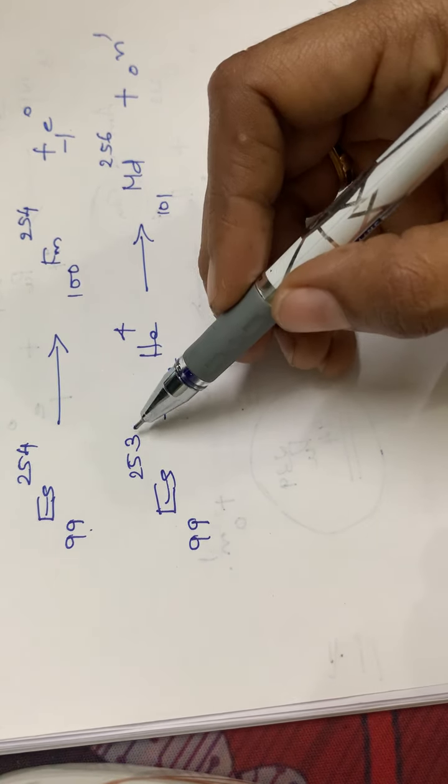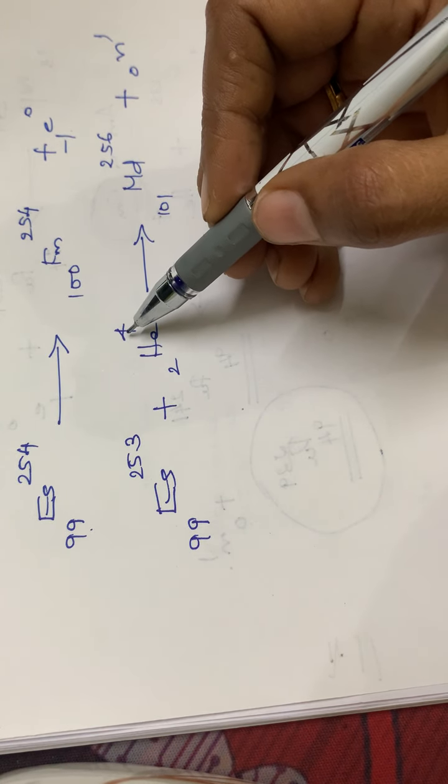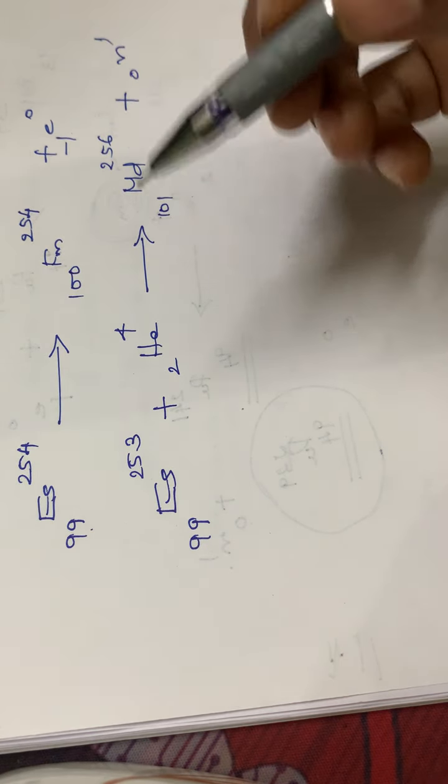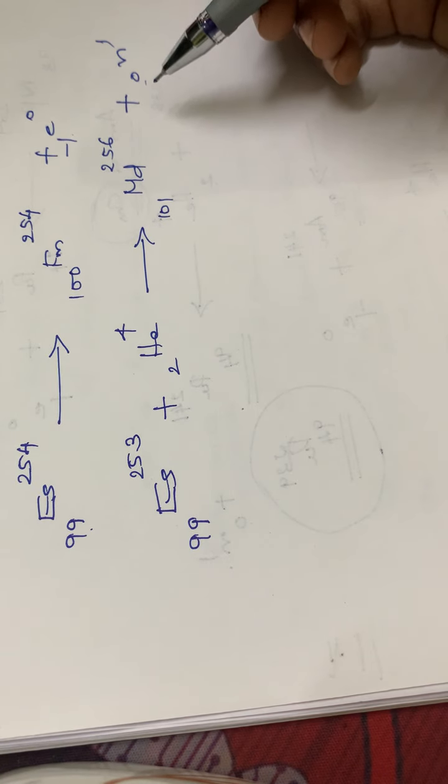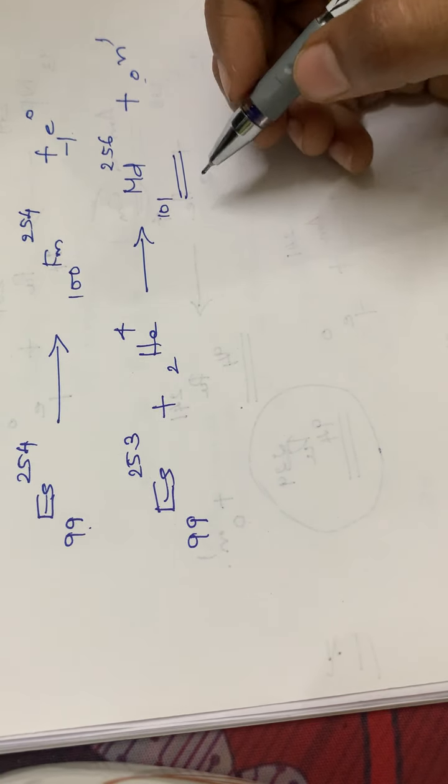See whether it is balanced: 253 plus 4 is 257, 256 plus 1 is 257; 99 plus 2 is 101. So we have got mendelevium.